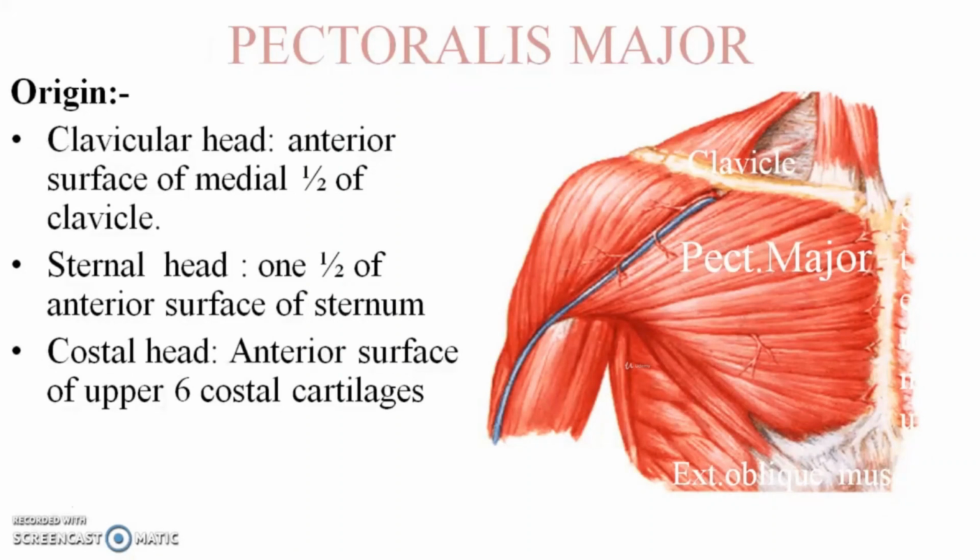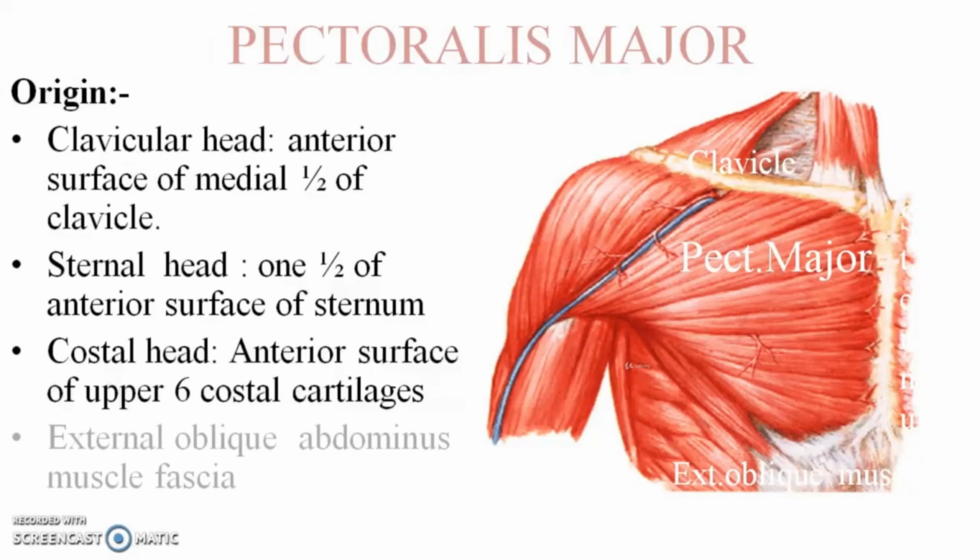One is the clavicular head, another one is the sternal head, which you can see clearly in your cadavers. Now we will be having some more fibers coming from the costal cartilages of the upper 6 ribs. So the upper 6 costal cartilages' anterior surface also contributes to this pectoralis major muscle.